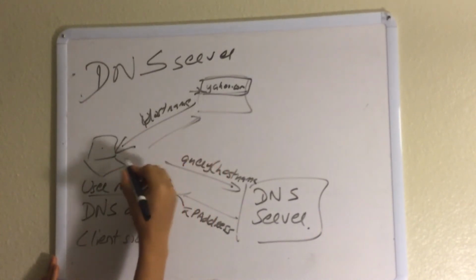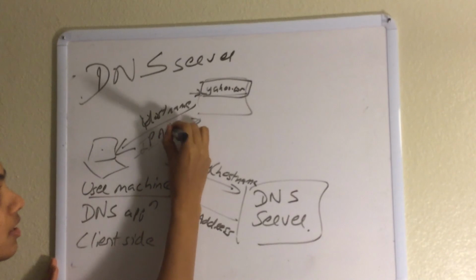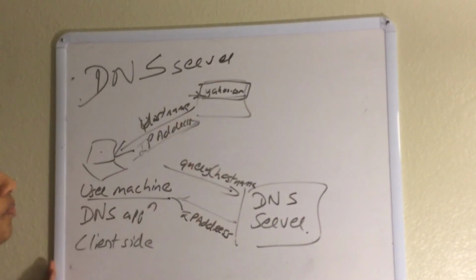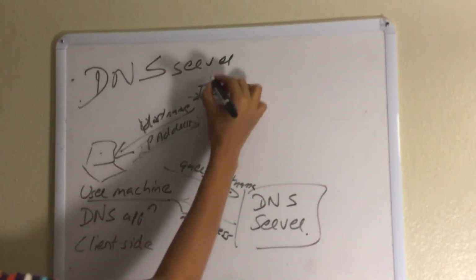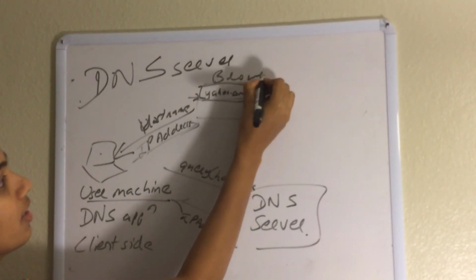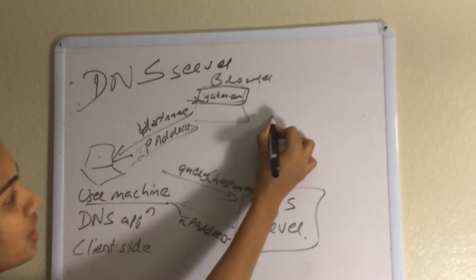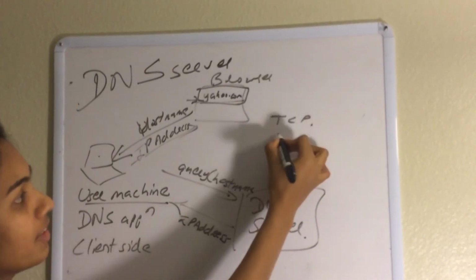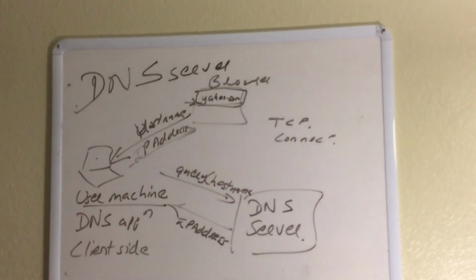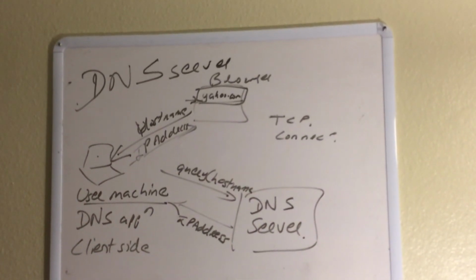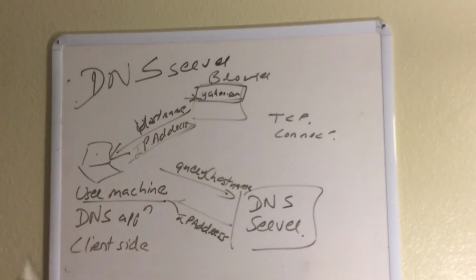The user machine returns the IP address again here, and finally, as soon as the browser gets the IP address, it establishes a TCP connection and then it can access that website. So this is the concept of DNS. The main concept is it matches the host name to the IP address. That's it. Thank you.